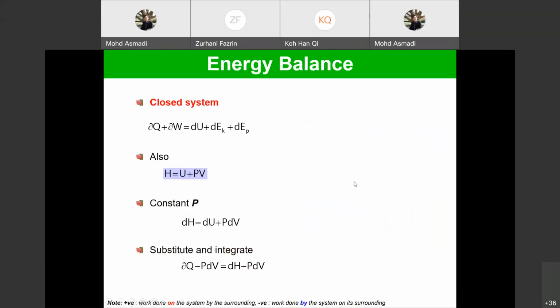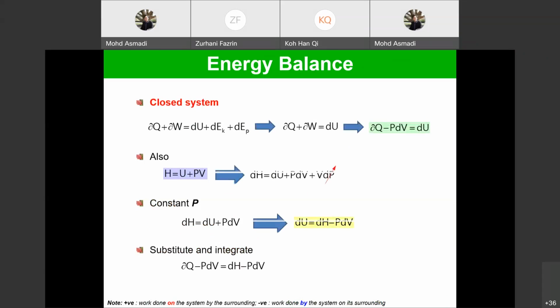So for the closed system, there is dQ plus dW. That one is an energy balance: dU plus dEk and dEp, the change in potential and kinetic energy. That one generally is very small, so we can neglect that, right? So it becomes dQ minus PdV equal to dU.